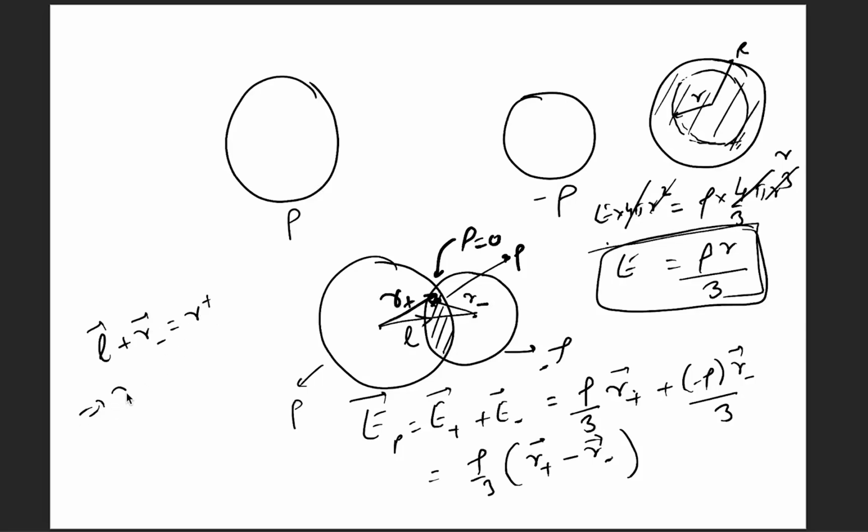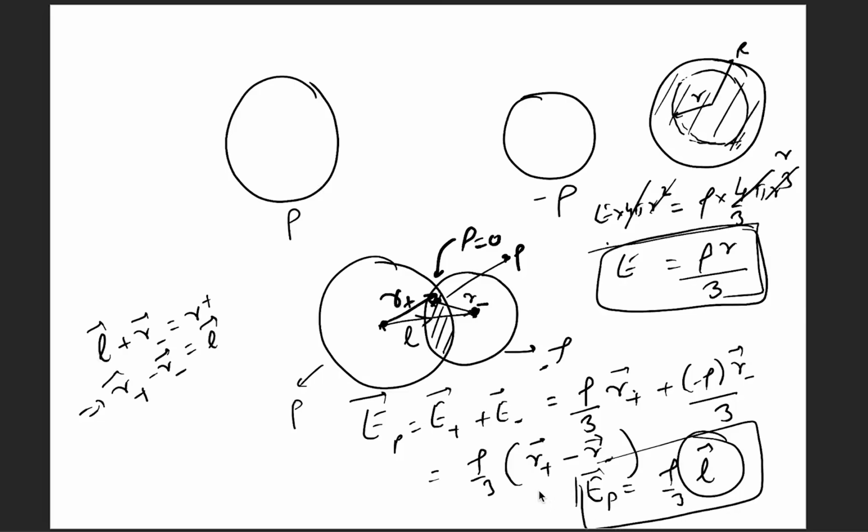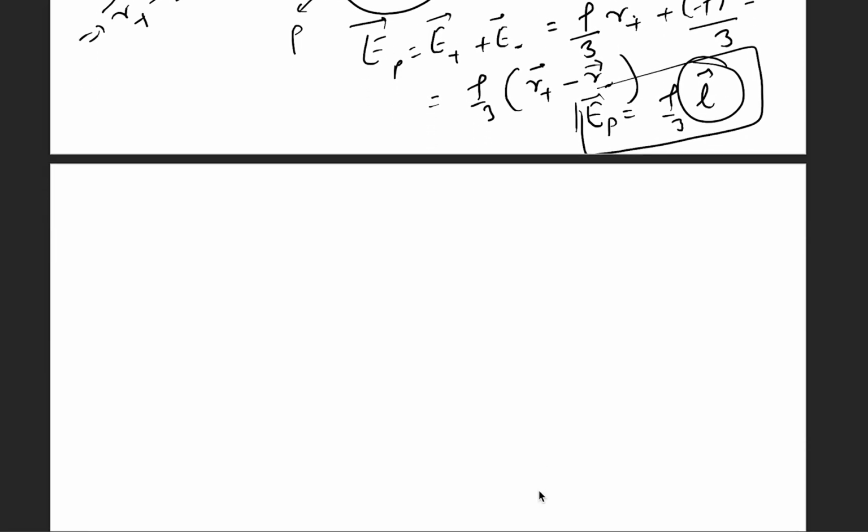So it implies r plus minus r minus is equal to vector L. So you see the field inside the cavity is now simply ρ/3 L. Now this L is a constant vector because it is just a vector between these two centers. So inside the cavity the field is constant. This is a good result which we will utilize in the next question.